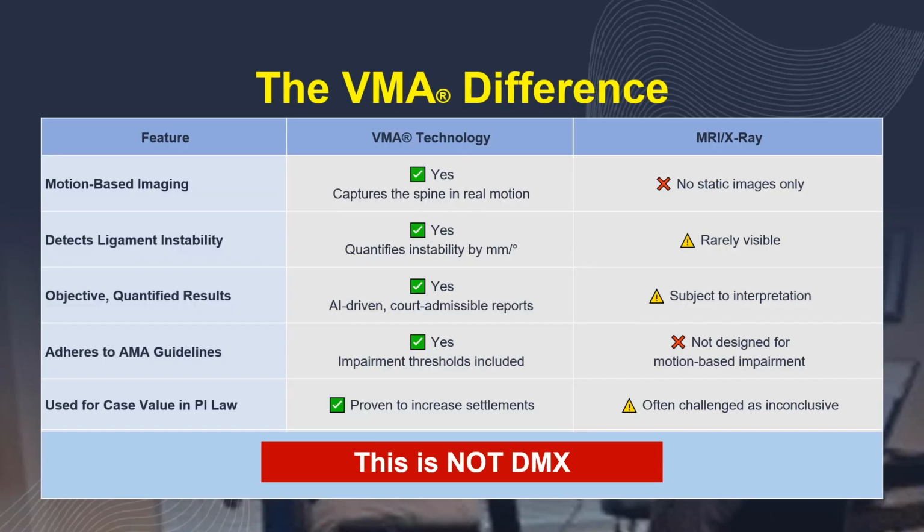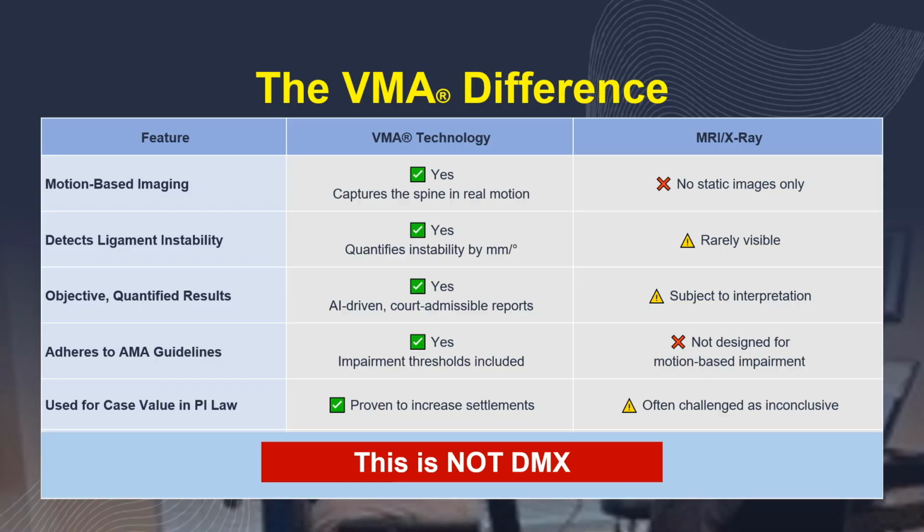Now here are the differences between the VMA technology and MRI and X-ray. And let me be clear, if you're thinking that this is DMX and that you've seen this before, the chances are, number one, you haven't seen this before, and number two, this is not DMX. VMA technology is motion-based, X-ray and MRI are static.